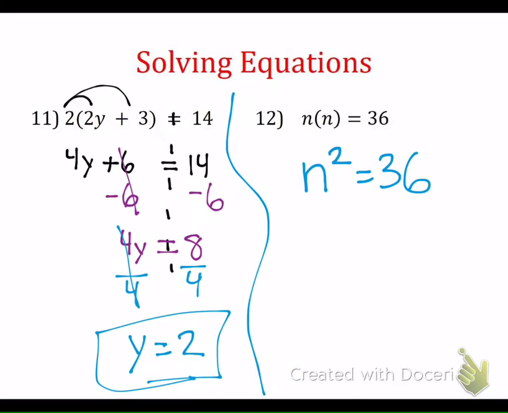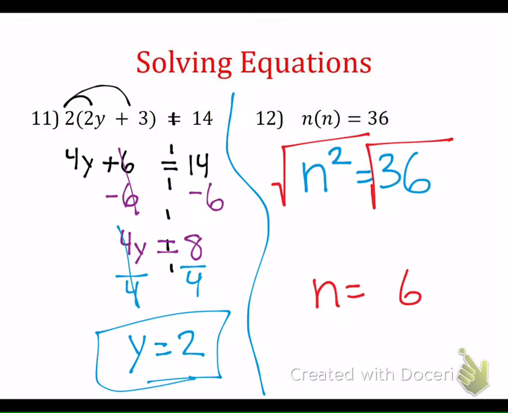What undoes squaring? The symbols are similar. Yes, you take the square root. What is the square root of 36? 6. The square root is like saying what number times itself would give you that number.